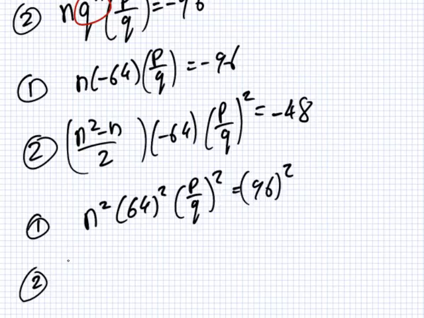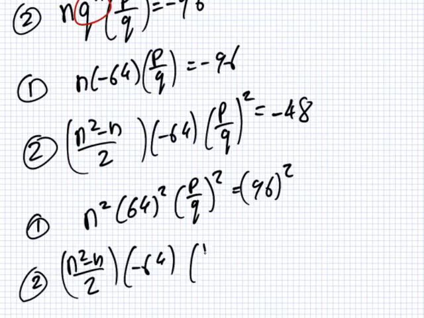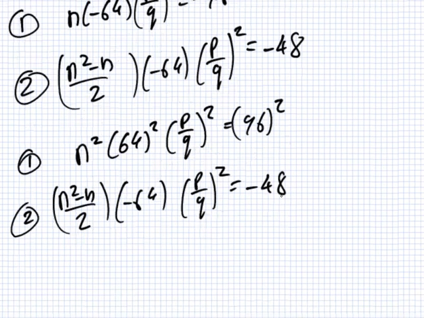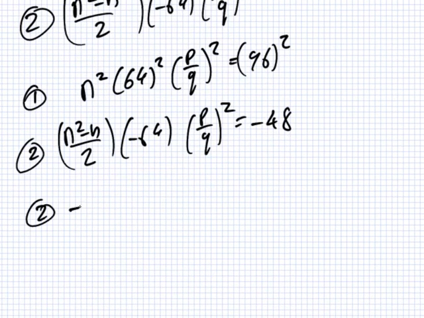And then here I have n squared minus n over 2 times minus 64 p over q squared equals minus 48. And now I wonder if anyone can see what to do next. Divide them. So the next thing I should do is take equation 2 and divide it by equation 1.